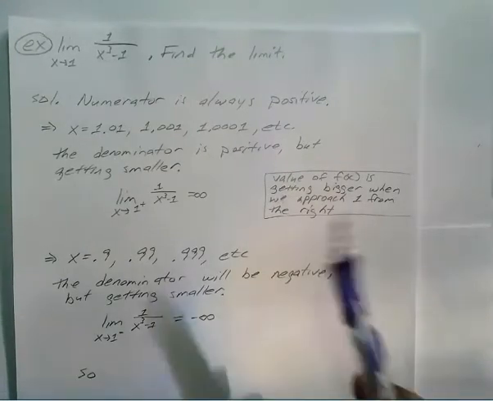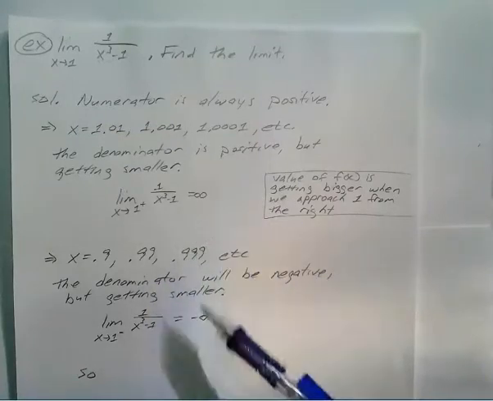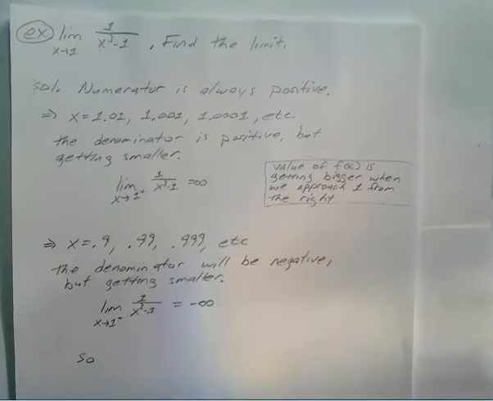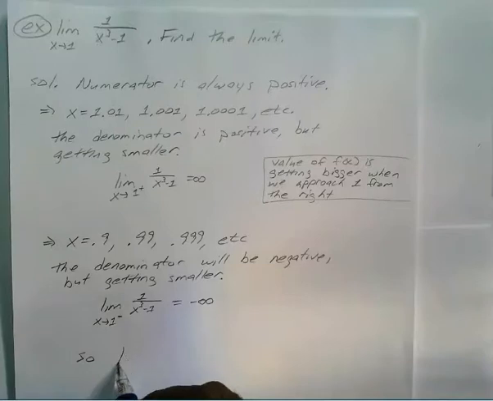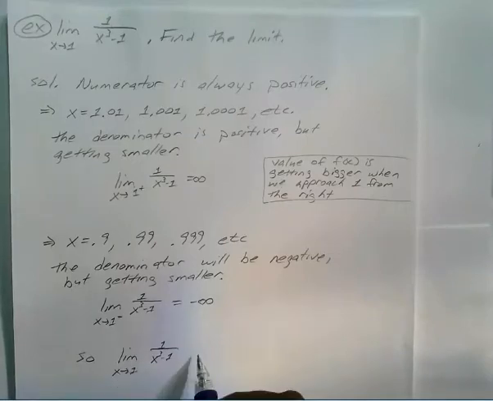So, since the limit from the left and the right are not equal, that shows that the limit of 1 over x to the third minus 1 as x approaches 1 does not exist.